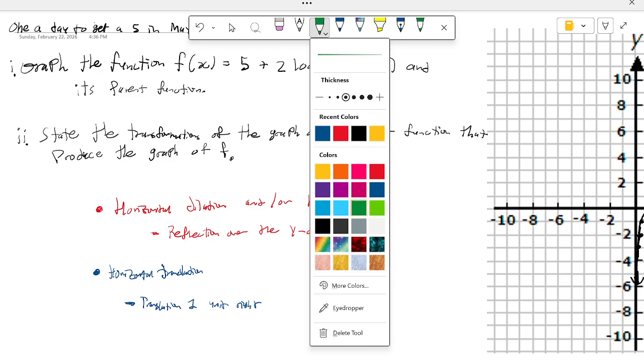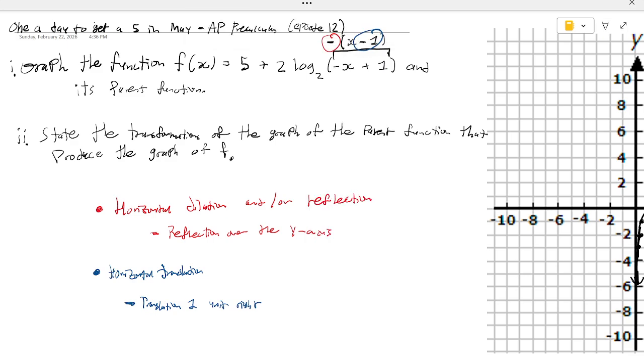Let me switch to another color. Let's do green. Then you want to list your vertical dilation and/or reflection.